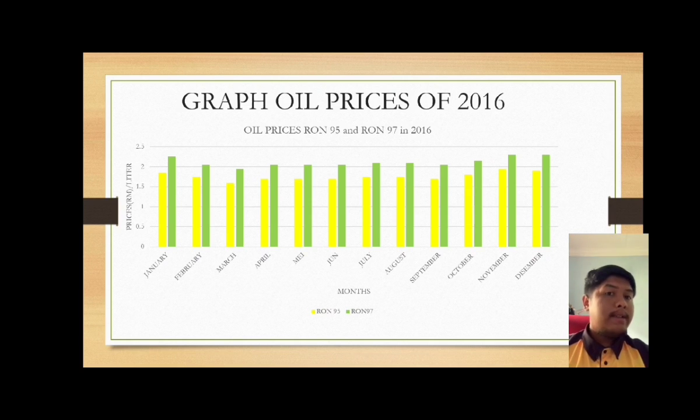The axis X represents the months, and the axis Y represents the price of oil. And we can see the graph bar has yellow color and green color. The yellow represents RON 95, and the green represents RON 97.